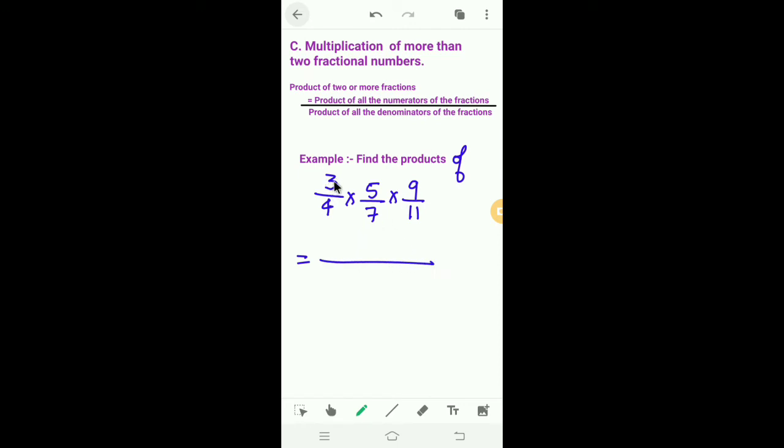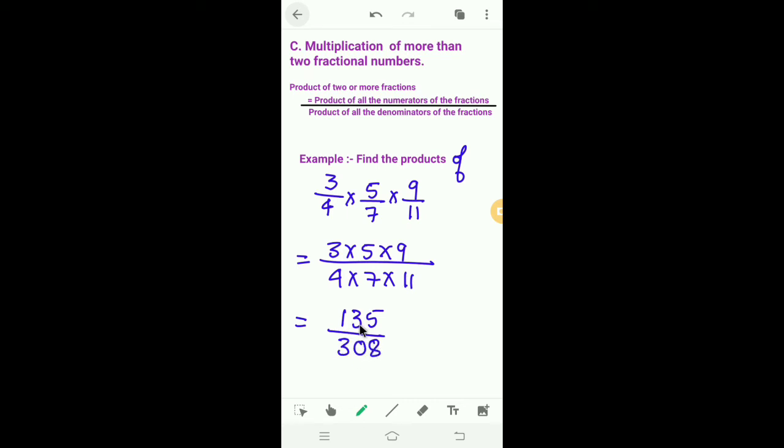So first we have to multiply all the numerators. 3 into 5 into 9 divided by. Next we have to multiply all the denominators. 4 into 7 into 11. 3 5s are 15. 15 9s are 135 by 4 into 7 is 28. 28 11s are 308.